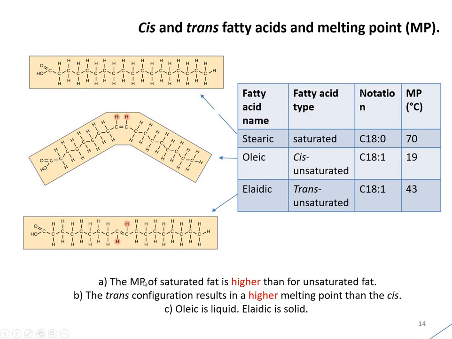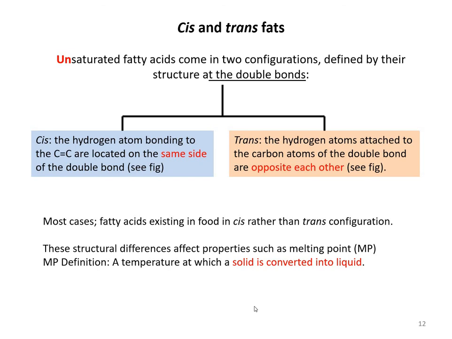So, as we learned before, the melting point of saturated fat is higher than for unsaturated fat or fatty acids. That's established. Number 2, the trans configuration results in higher melting point than the cis. What I didn't show you just now is that in most cases fatty acid in food is in the cis rather than in trans configuration.